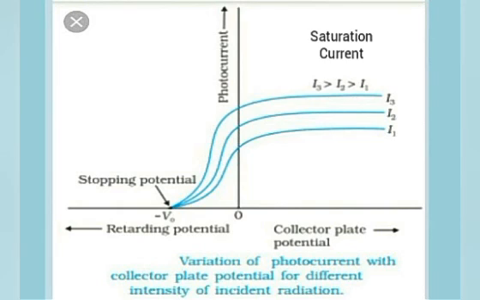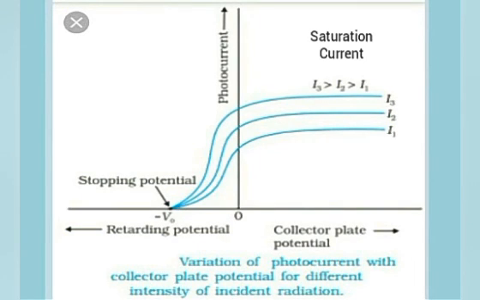For higher intensity I3, the photocurrent, or saturation current, is more. For lower intensity I1, the saturation current is less. So the saturation current is directly proportional to intensity. As intensity increases, saturation current also increases.